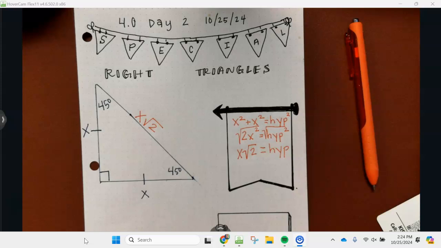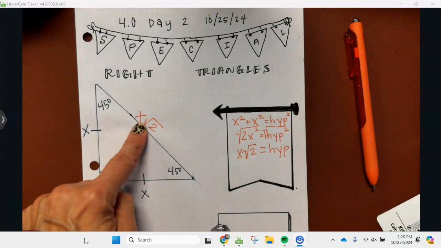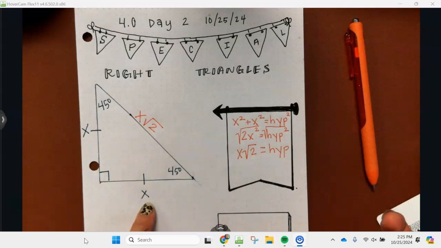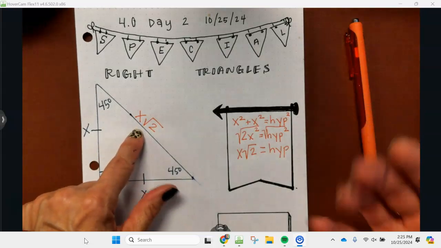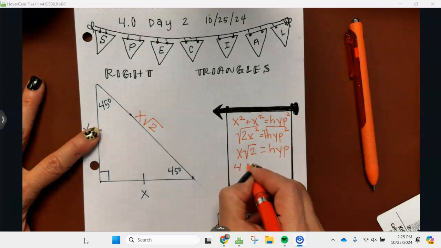So no matter what, we're able to find these measurements of a 45, 45, 90. If this was a measure of 10 units, then that's a measure of 10 units, and that's 10 root 2. If that's 5, this is 5. That's 5 root 2.